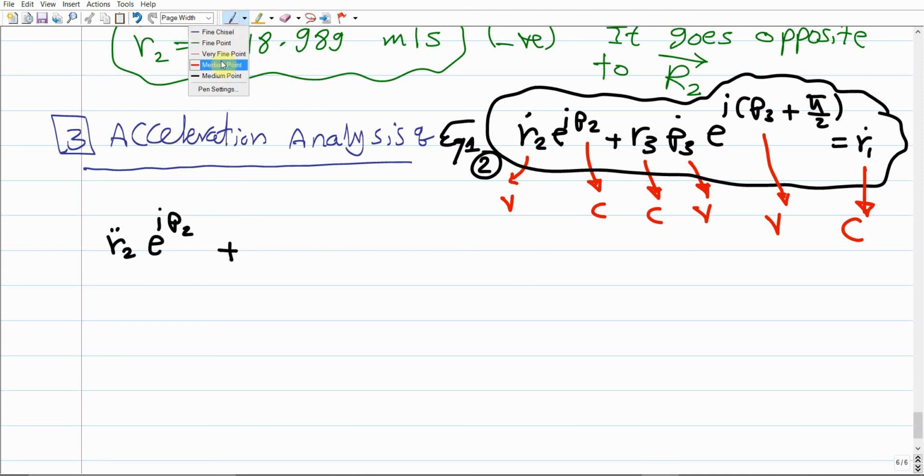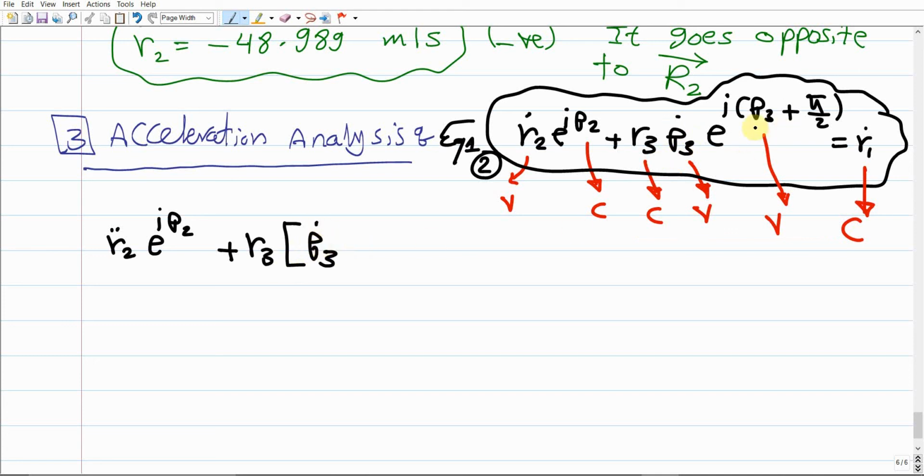So for this term, we have the derivative of the multiplication of three variables, but the first variable is time independent, so it is just constant. So we're going to have R3 as a common factor, then open the square bracket. Then we do the derivative of the multiplication of two functions, theta 3 dot and the exponential term. We fix the first term, theta 3 dot.